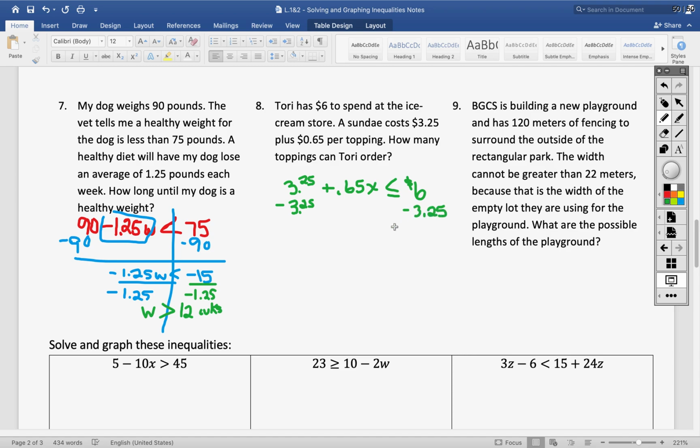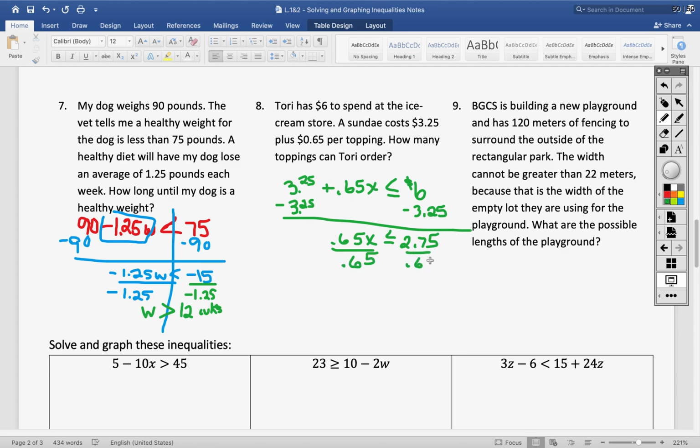So we have 6 minus 3.25. I'm bummed that Desmos will not work. That leaves us with 65 cents x is less than or equal to 2.75 divided by 65 cents.